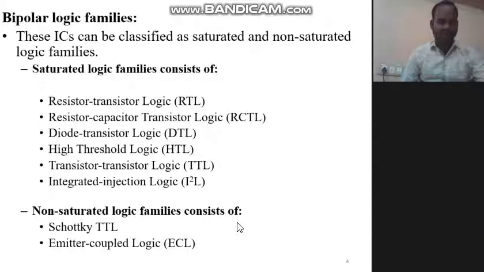So these are the bipolar logic family types, saturated and non-saturated.